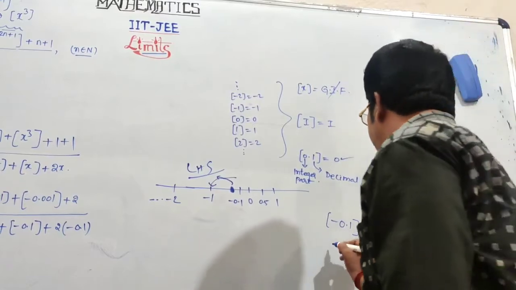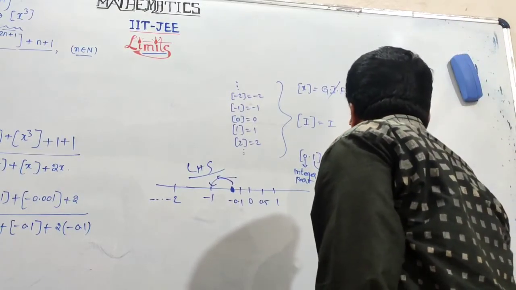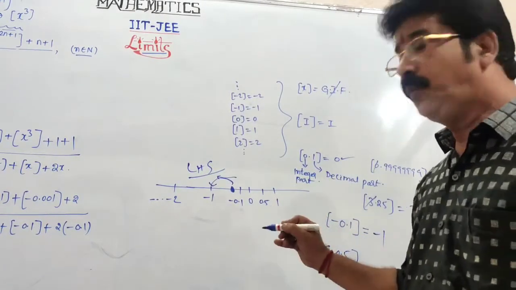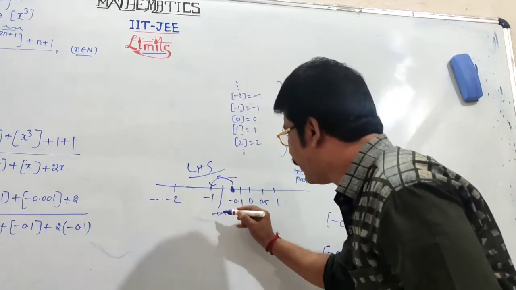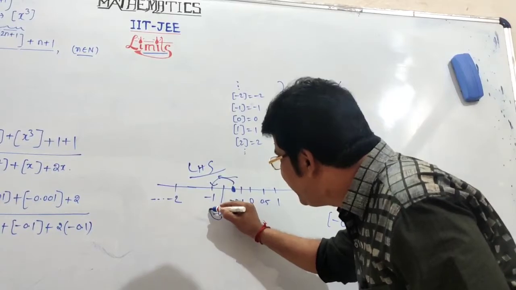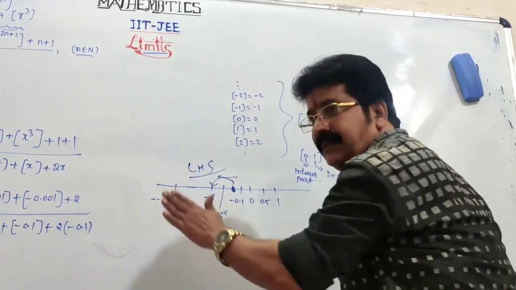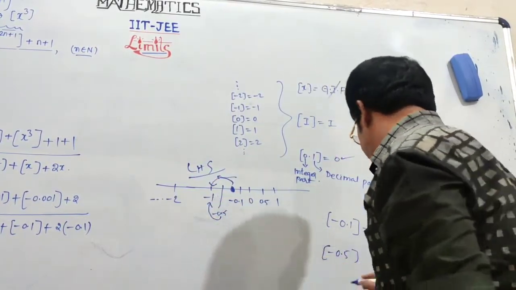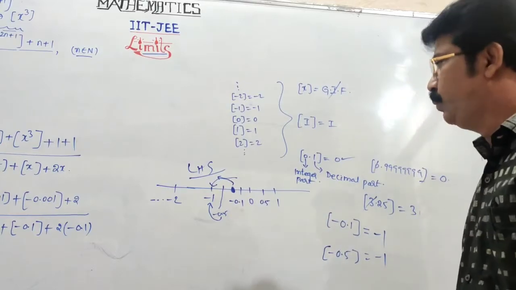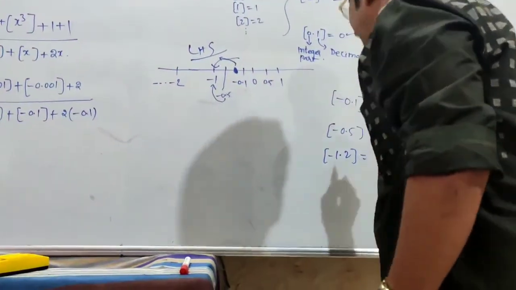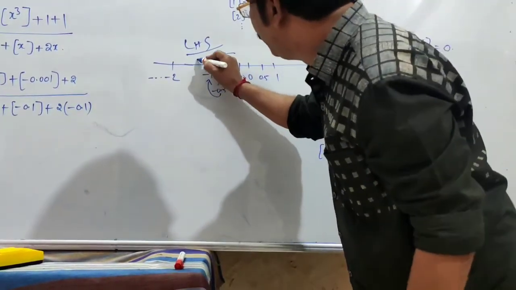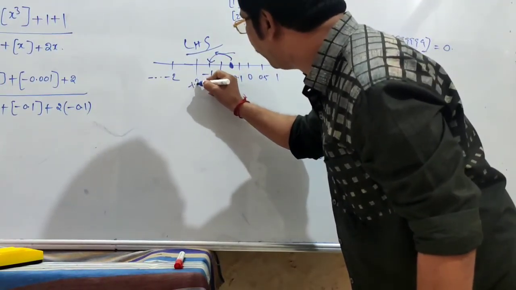Understand? Next, box of minus 0.5. Now where is minus 0.5? Here is minus 0.5. What will be the next immediate integer on the left hand side? Minus 1. It is also minus 1. Next, box of minus 1.2 is what? Here is minus 1.2.